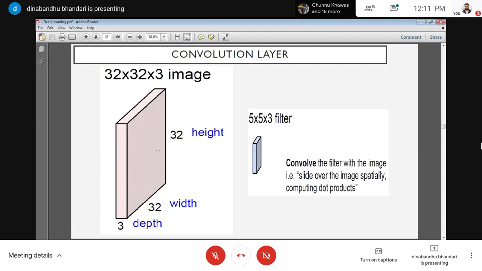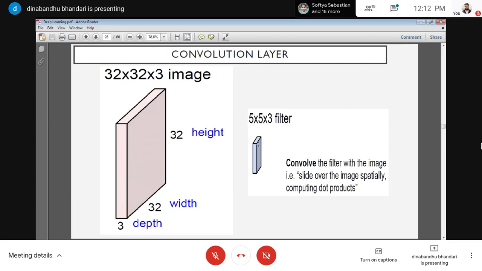Then we take a filter, maybe 5 by 5 by 3, because the depth is 3. This filter will help us convolve. In each image there will be a 5 by 5 window and depth 3. So how many parameters? 5 by 5 by 3, 75.